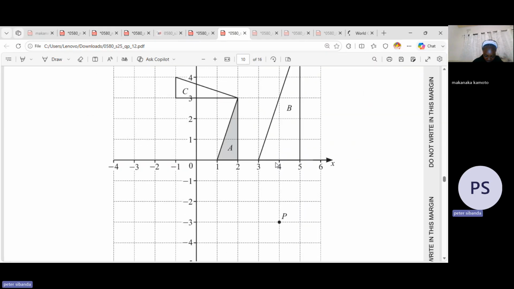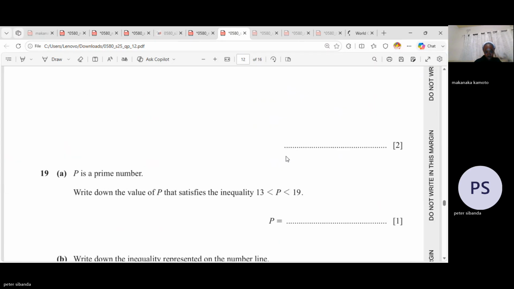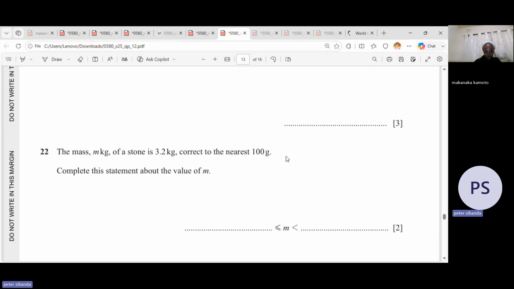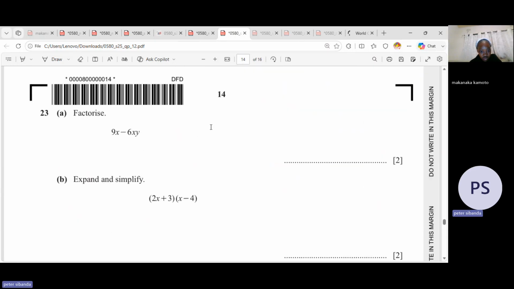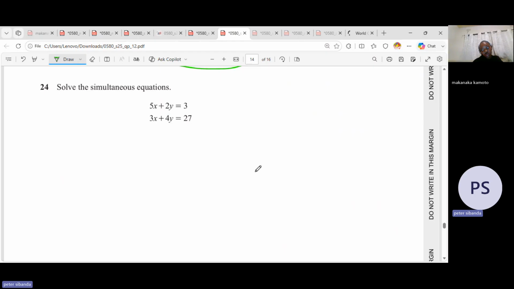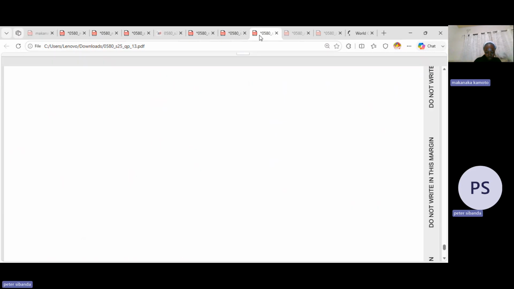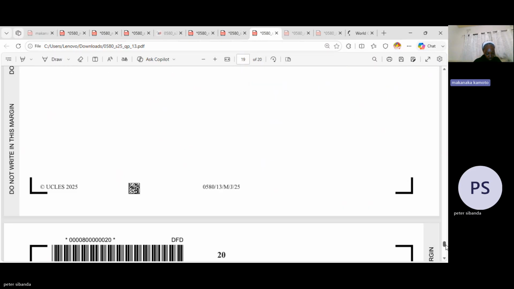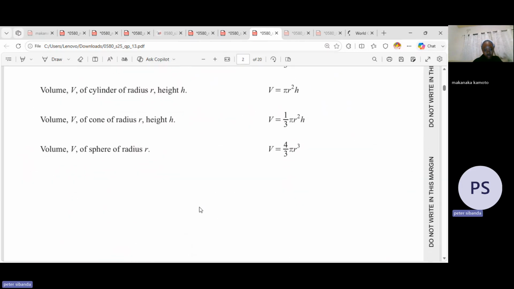Okay, this is graphs. We shall do it on its own. What's happening here? Oh, factorization. Factorization is dominating. Of course, we want to do simultaneous equations. This is another paper 1.